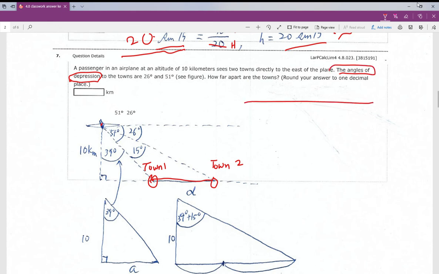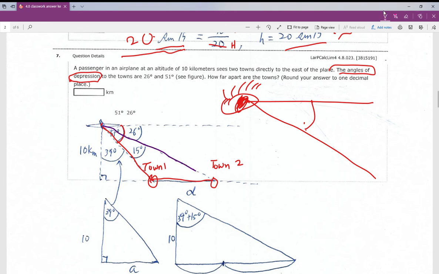Angle of depression means if your eyes are here, well, big eyes, and then you look down, then this is the angle of depression. So here, the angle of depression for the first tongue is 55 degrees, and the angle of depression of the second tongue is 26 degrees. Okay.